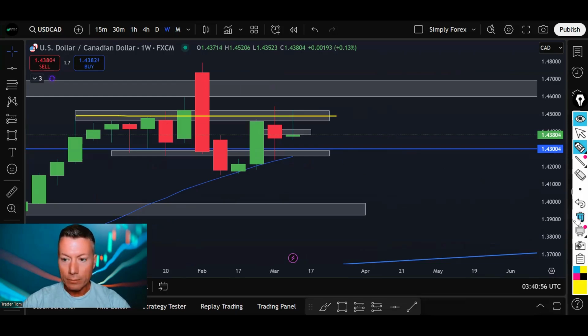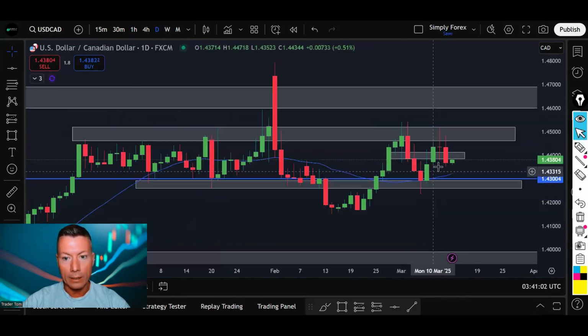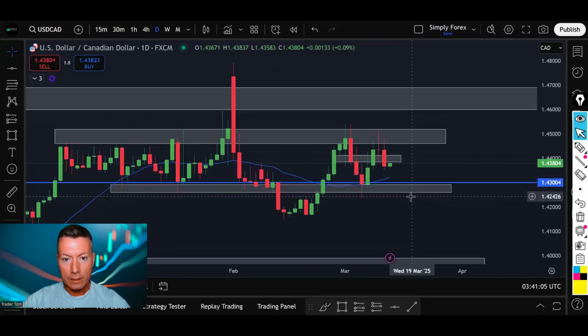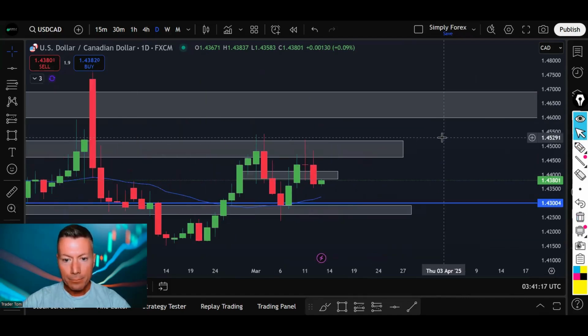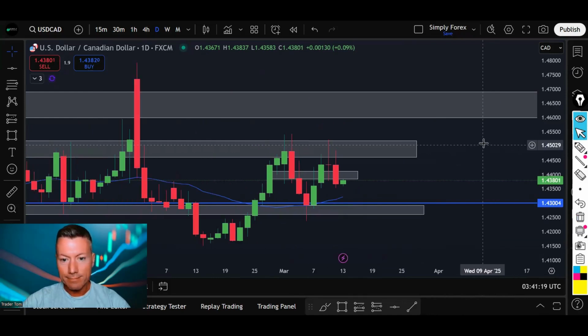Now let's drop down. We're in a weekly downtrend. If we drop to the day chart, you'll understand why I like this level. This is that level I'm talking about. It's proven to be good resistance many, many times. We're in this weekly downtrend, and the daily is a little scruffy, to be honest with you, on the day chart.